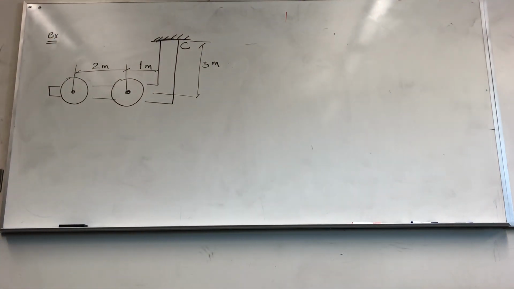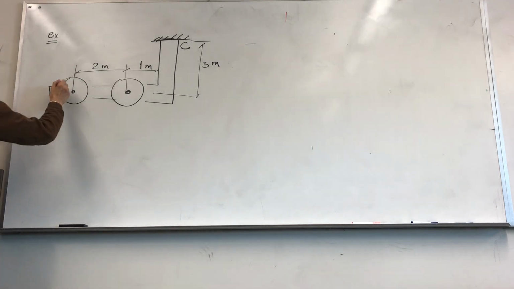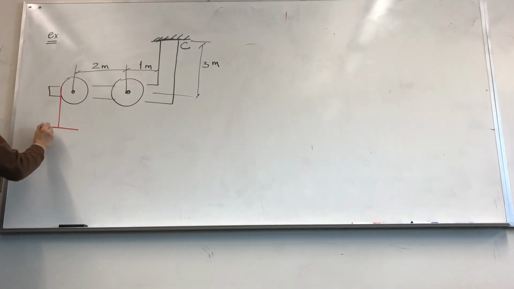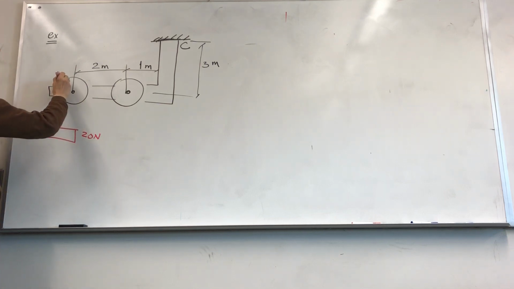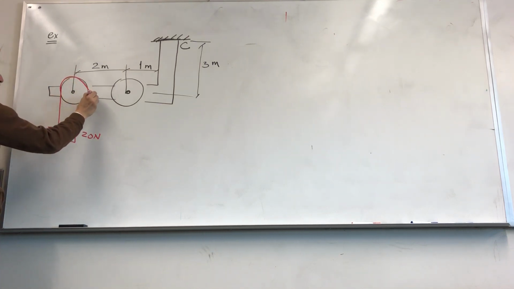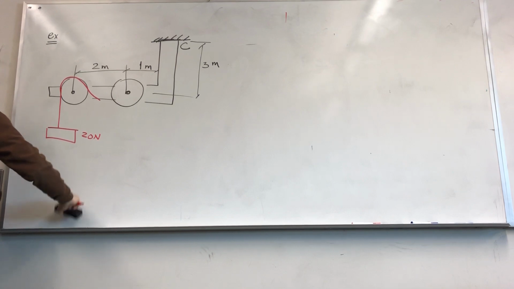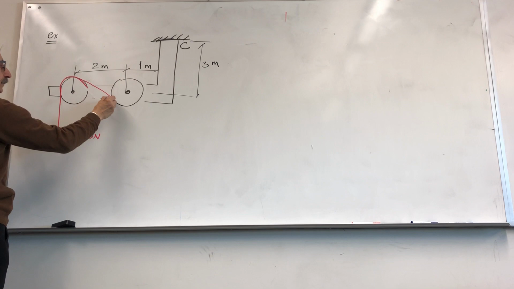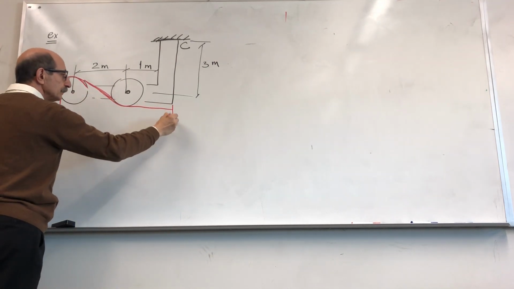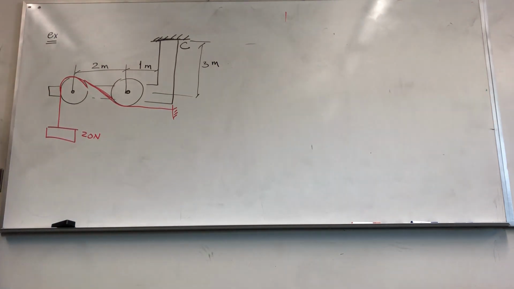And a cable is attached to a weight of 20 Newton that goes around this pulley, the second pulley, and it is connected to the wall, okay?